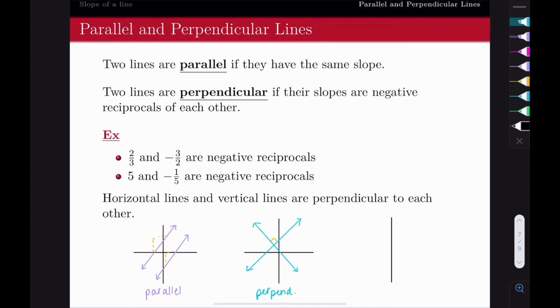And then the last case is there might be no connection between these two lines at all. And this is our case of neither. So maybe I have a line here and the other line intersects like this. Okay. So they intersect each other, but they don't intersect at a 90-degree angle. There's no relationship between the slopes.